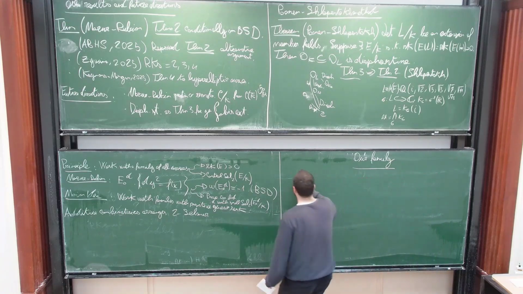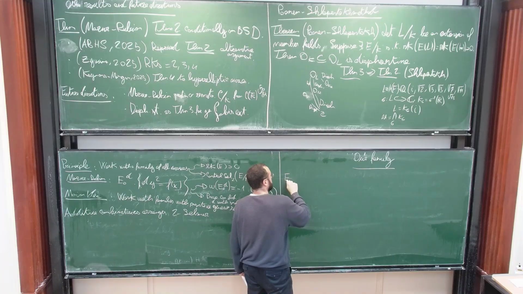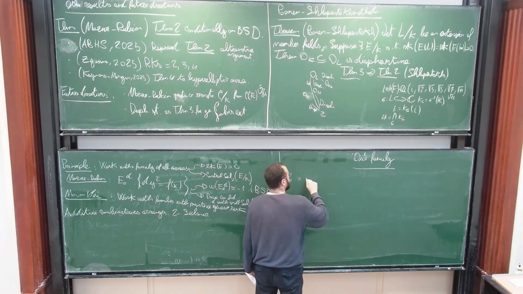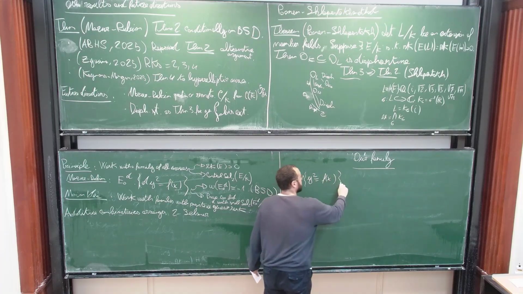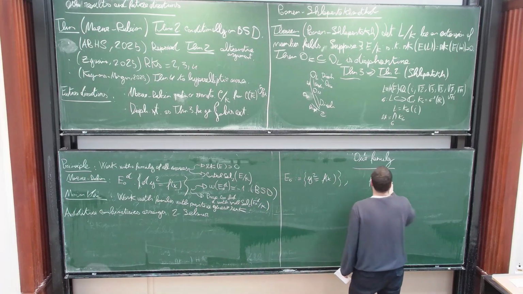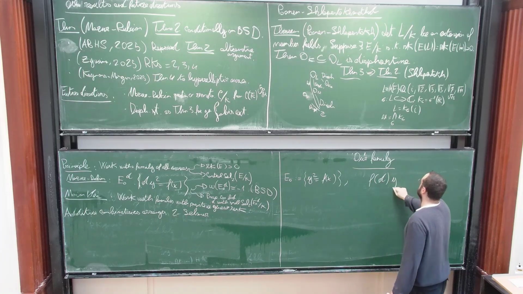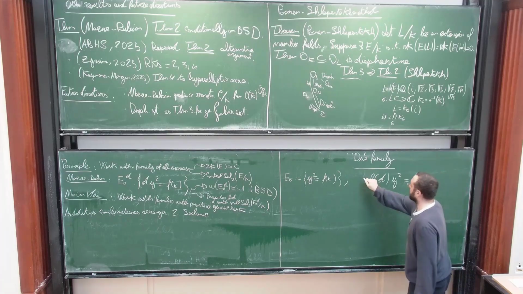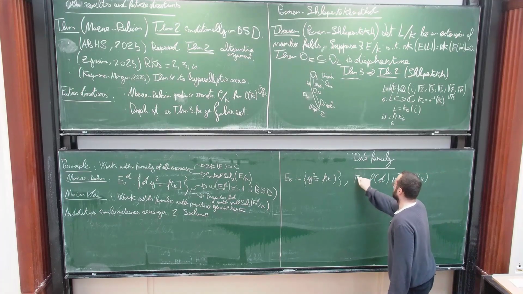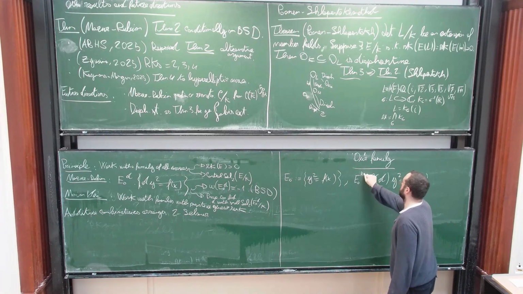So the family is very simple. You start with E naught being y squared equals f of x, and you consider the family f of d times y squared is equal to f of x. So you basically quadratic twist, so this is E naught twisted by f of d.